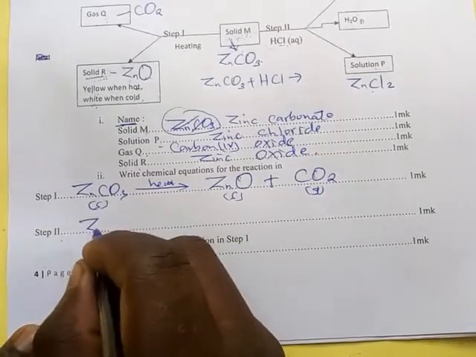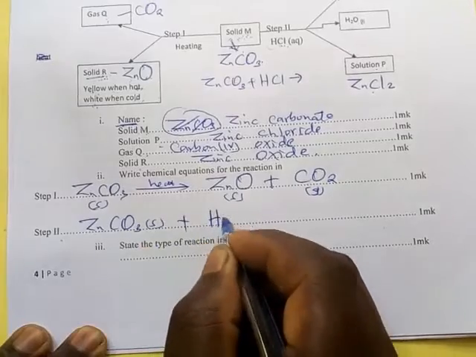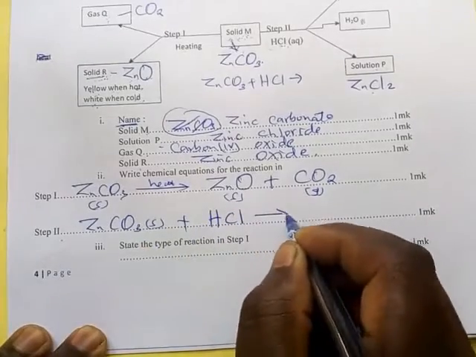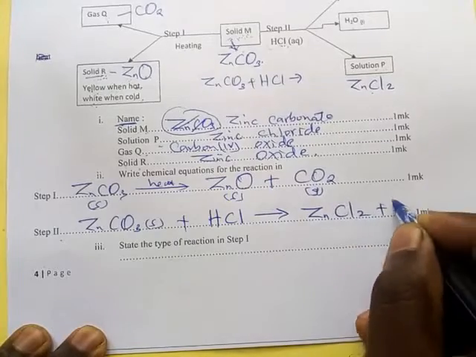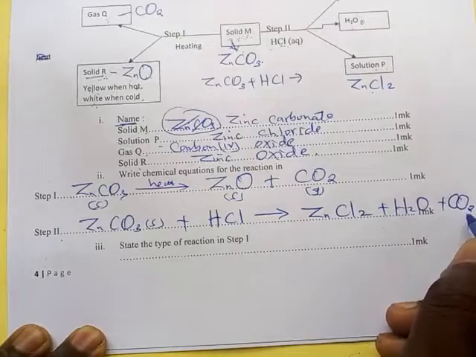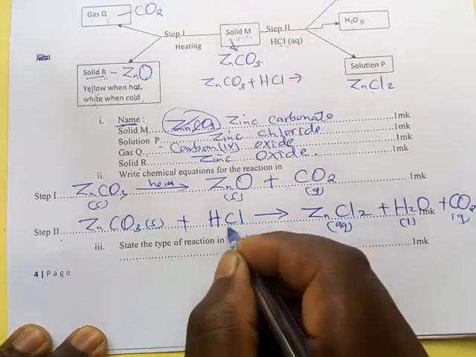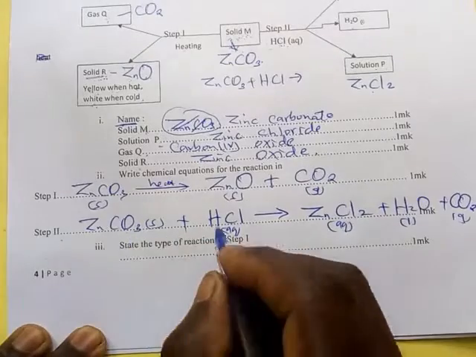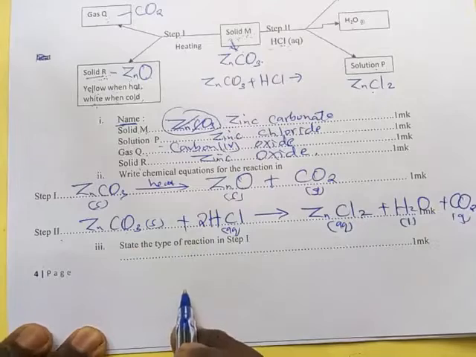So zinc carbonate solid plus HCl, we are going to form zinc chloride plus water plus CO2, which is a gas, with liquid, aqueous and solid states. So we balance by writing 2 here, and that is balanced.